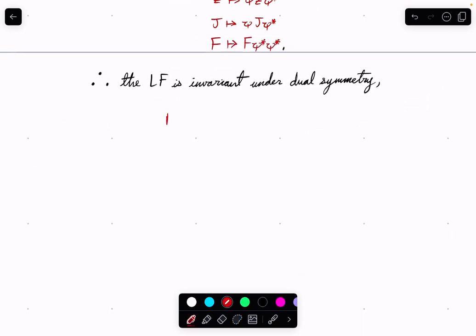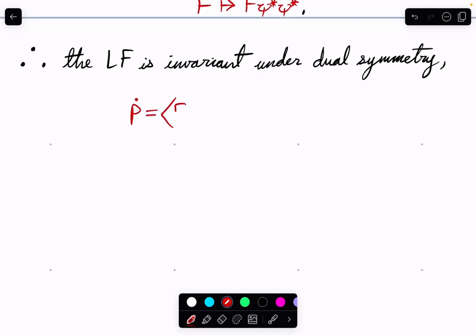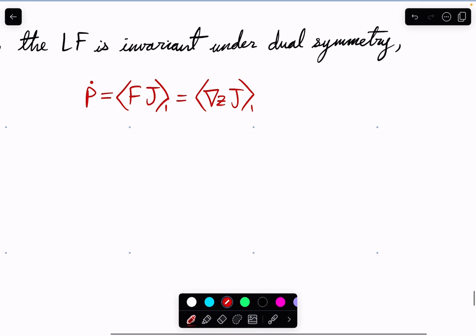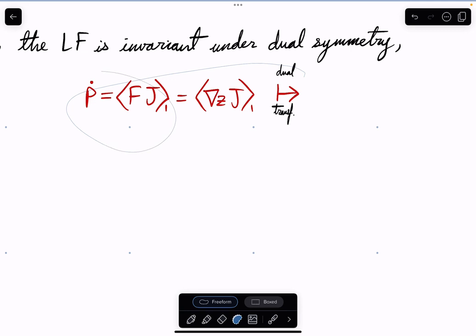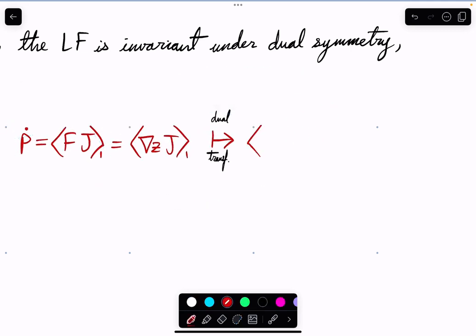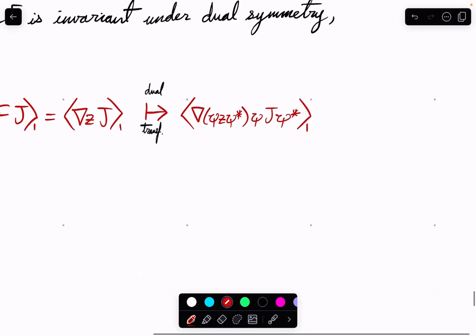Now let's give a proof for this. The Lorentz force, again, is just given by F J times 1, which is equal to the gradient of Z times J times 1, and this maps, when you apply the dual transformation, to the gradient of C Z C star and then C J C star, times 1.